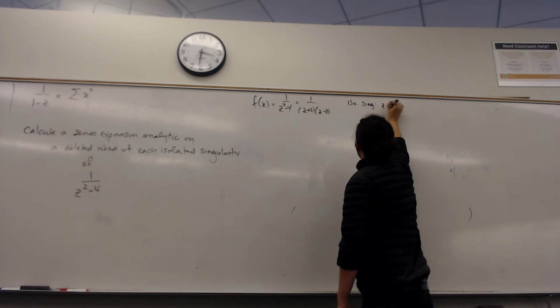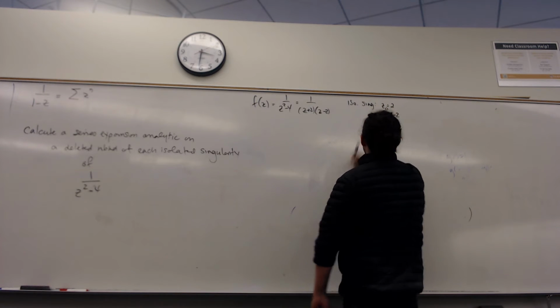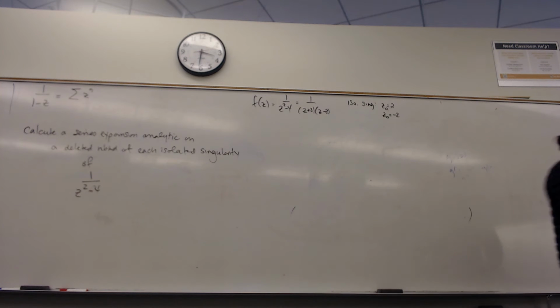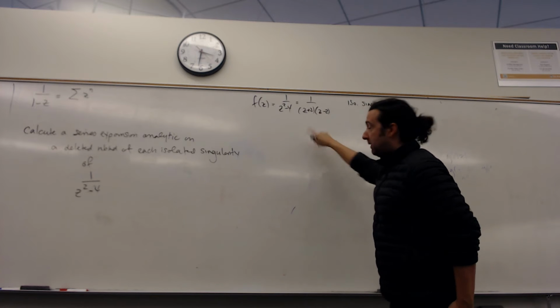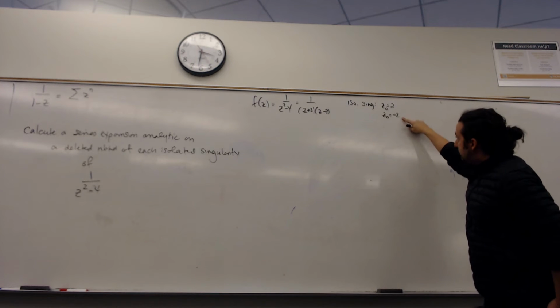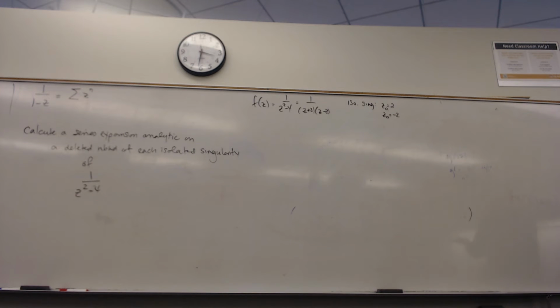Yeah, z naught is equal to 2, and z naught is equal to minus 2. How am I going to do this? I want to write a series expansion for this function, and I want to expand that series around, say, this value, and then I want to do a different expansion.